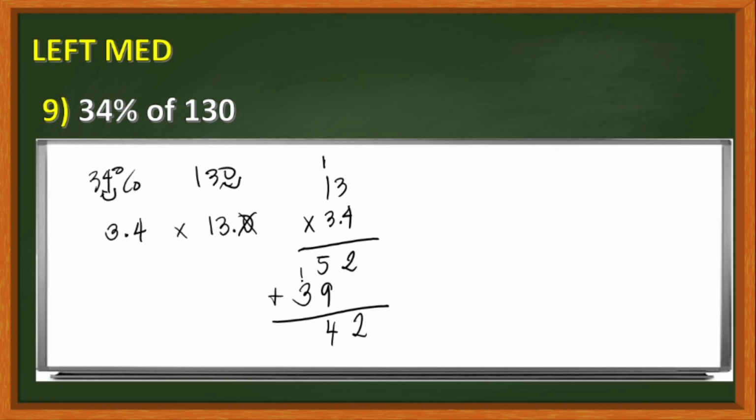Regroup 1, and 1 plus 3, we have 4. Then count the number of decimal places. So we have 1. Then the answer would be 34% of 130 is equivalent to 44 and 2 tenths.